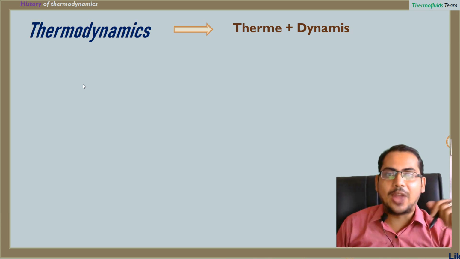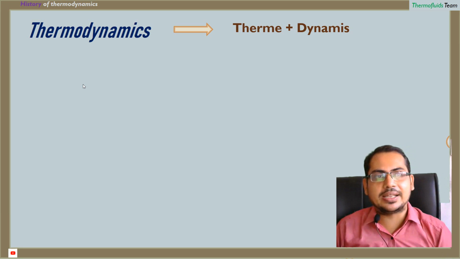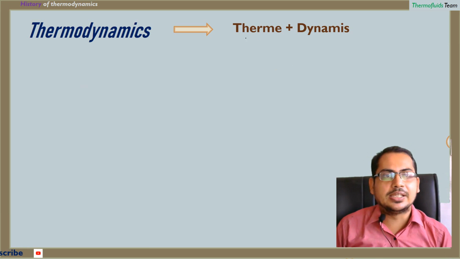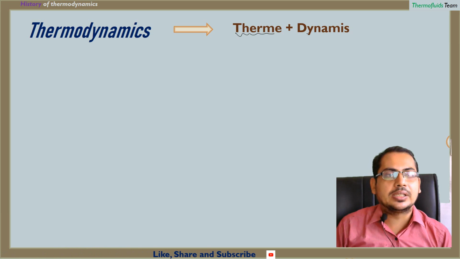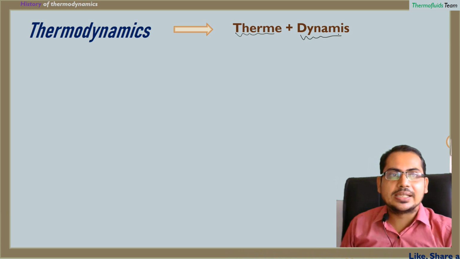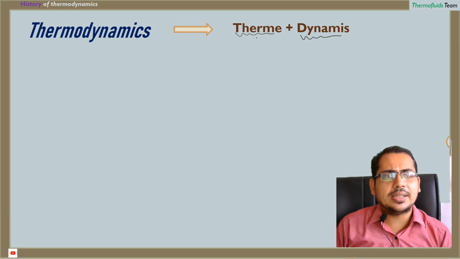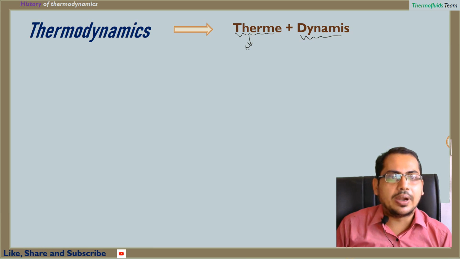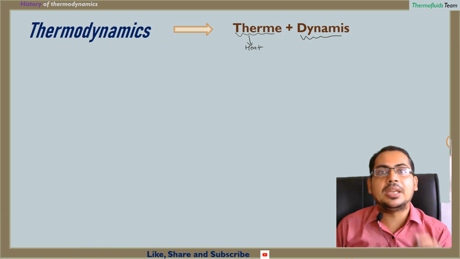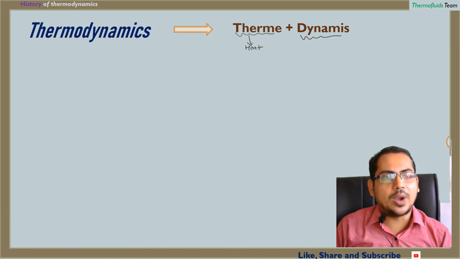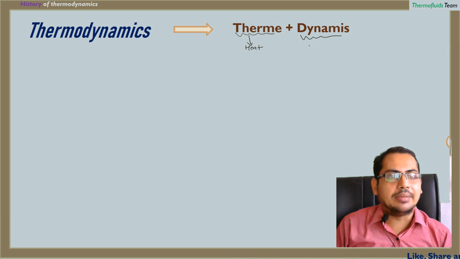So what is thermodynamics? Thermodynamics is made of two Greek words: one is therm and the second is dynamis. Therm means heat, and dynamis means power.